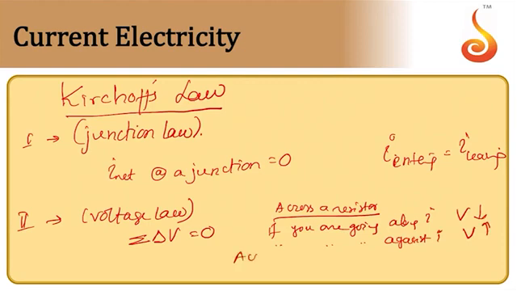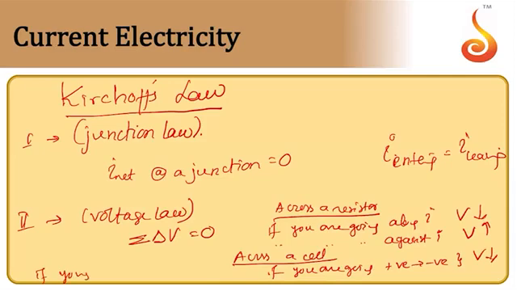Likewise, across a cell, if you are going from positive terminal to negative terminal, then there is a drop in potential, and if you are going from negative terminal to positive terminal, there is a rise in potential.